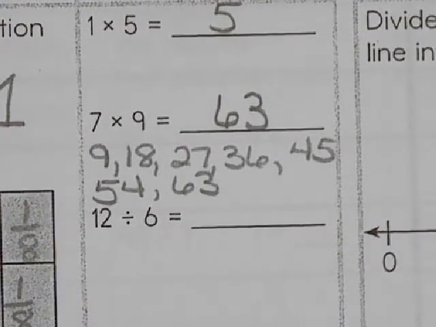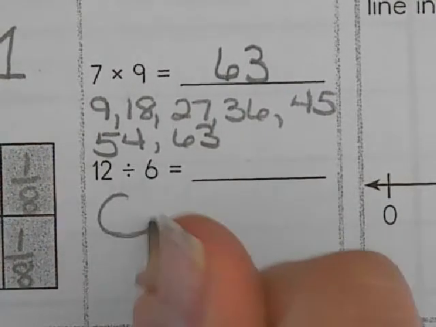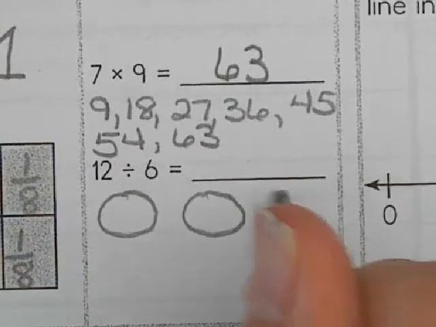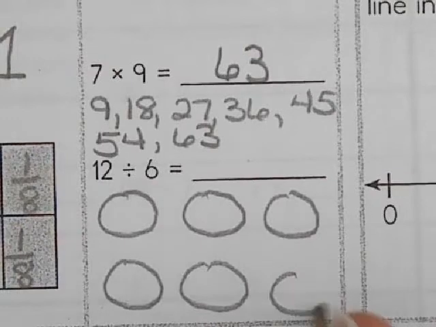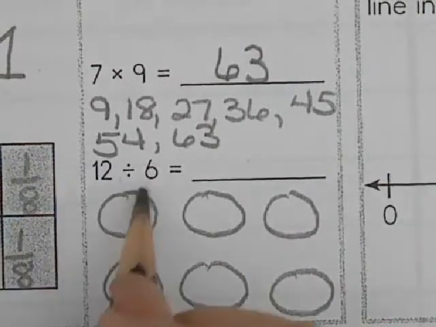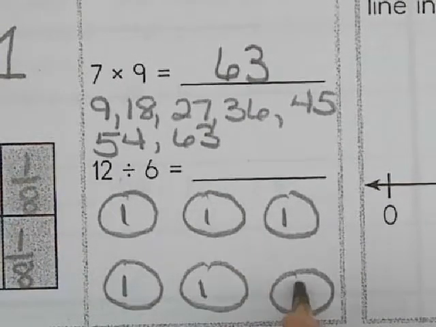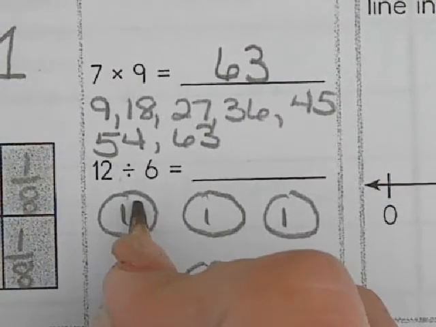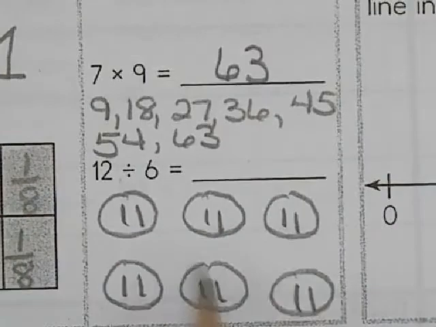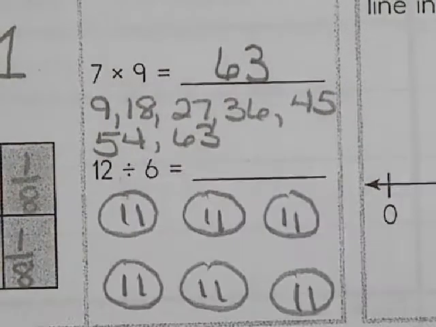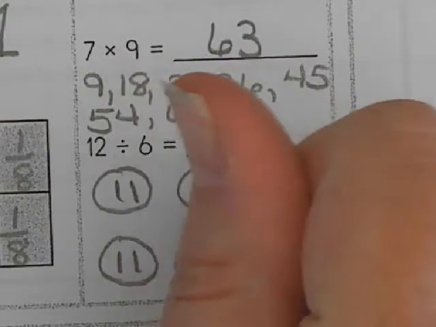If we don't know our multiplication facts yet, we can take the 6 groups and share the 12 objects equally between them. 1, 2, 3, 4, 5, 6, come back to the first group, 7, 8, 9, 10, 11, 12. This tells us we have 2 objects in each group, so our quotient is 2.